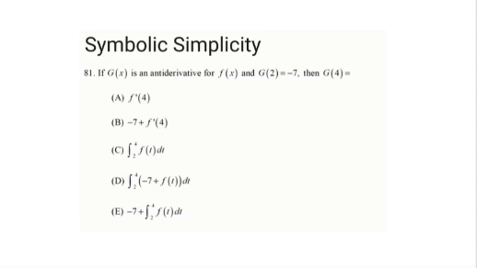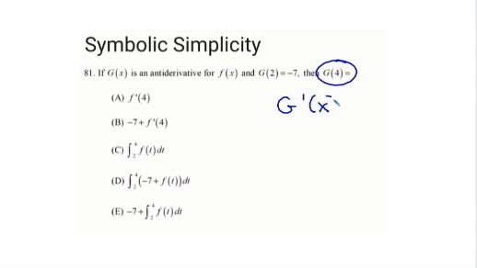If g of x is an antiderivative for f of x. All right, that's an important statement. And g of 2 equals negative 7, then they want to know what's g of 4. So what we're really looking at, first off, let's make this statement.